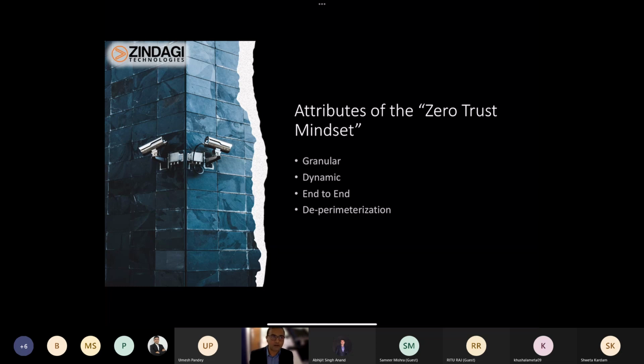Now, what I've just said sets the fundamentals for what we are about to talk about next: the three frameworks. Like I said in the beginning of this webinar, our attempt is to demystify zero trust, and the way we will do it is by going back to first principles as opposed to inventing something.